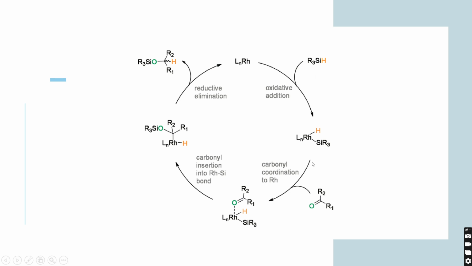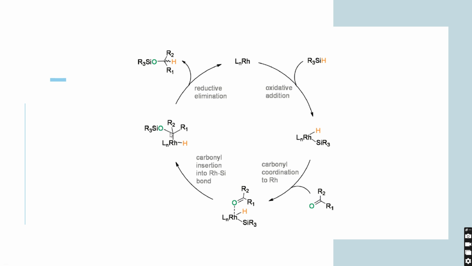After that, the carbonyl coordination to rhodium will take place, and this type of interaction between the carbonyl oxygen and the rhodium metal will be seen. After the coordination, the carbonyl group will undergo insertion between this rhodium-silicon bond. So this is how the carbonyl oxygen insertion takes place.